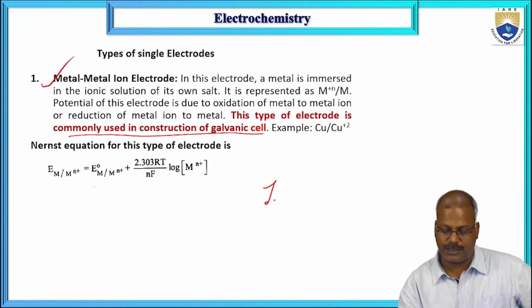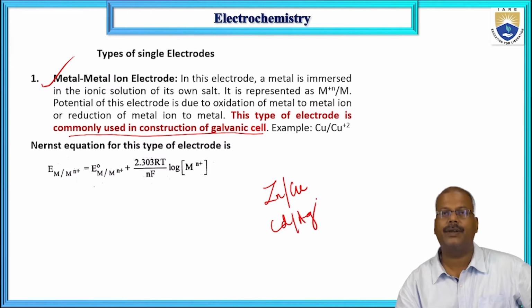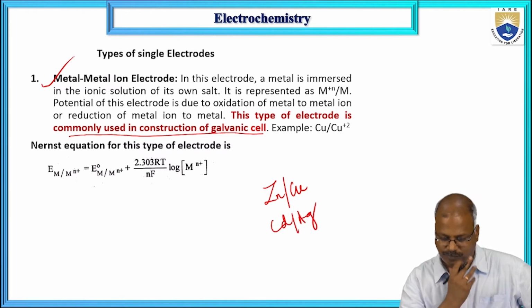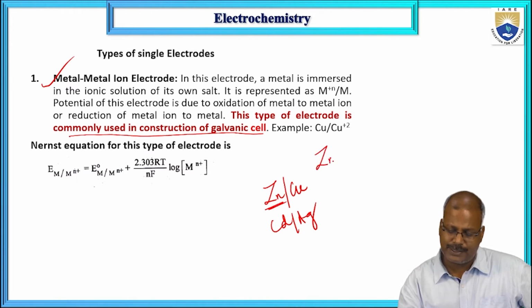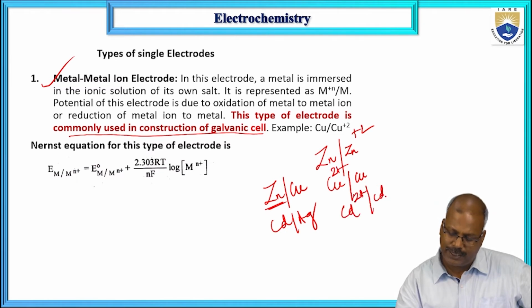We have seen zinc, copper, cadmium, mercury, like that. Metal ion electrode, for example, zinc means zinc with Zn2+. Copper means copper with Cu2+. Cadmium means cadmium with Cd2+.